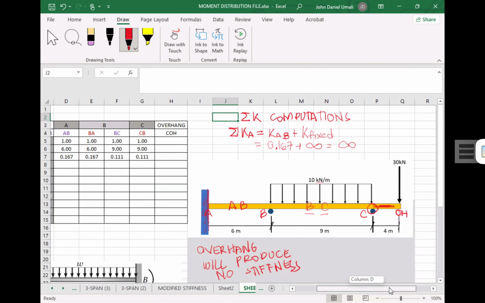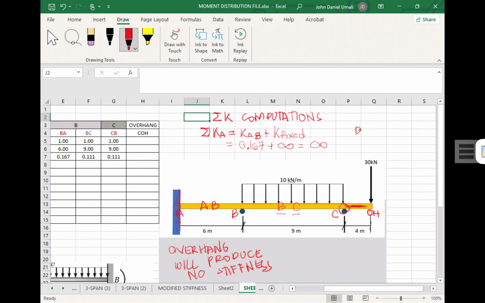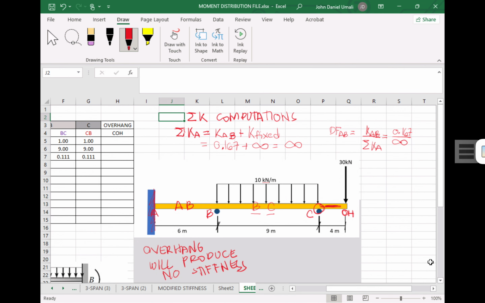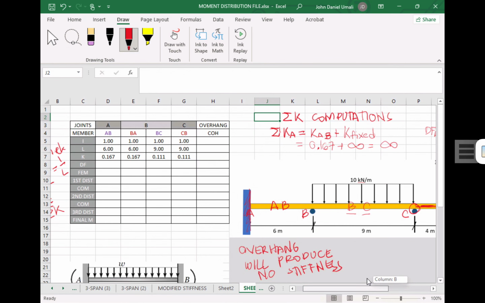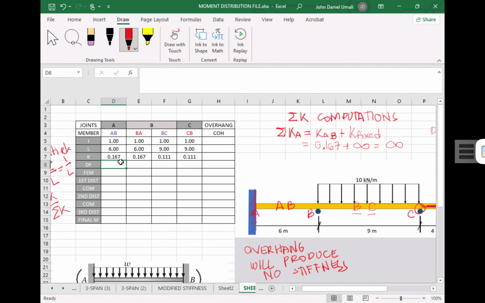And DFAB can now be computed as KAB over summation KA, so that is 0.167 yung KAB natin over infinity, and this converges or reaches a limit of 0. Kaya nga kapag fixed, madalas lalagyan na lang natin siya ng DF na 0.